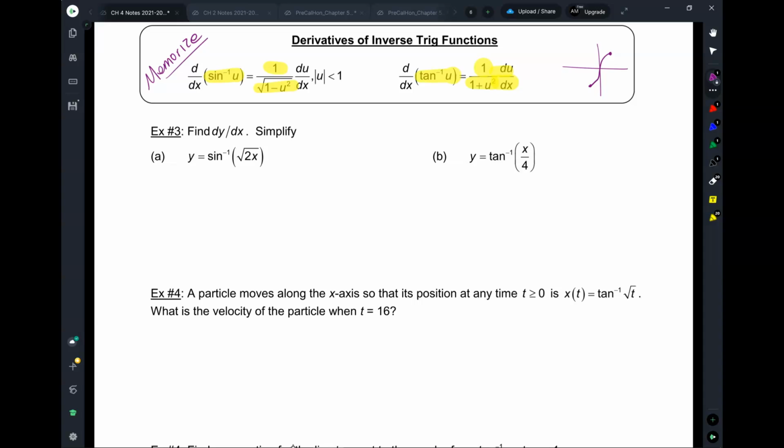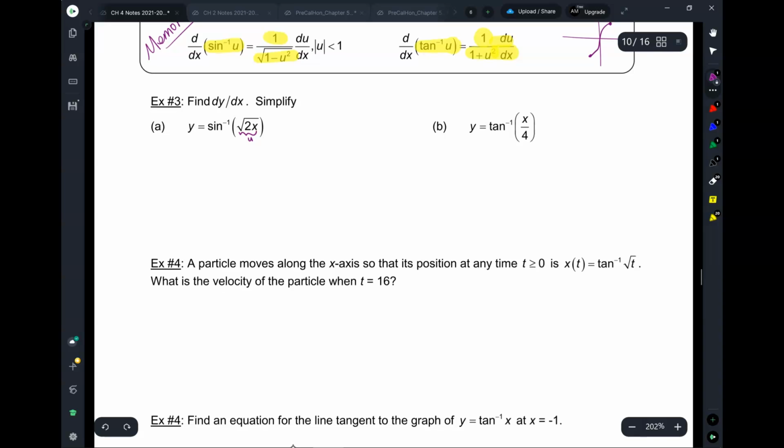Suppose you have inverse sine of root 2x. In here, this is the u, okay? So y prime is 1 over the square root of 1 minus u squared times the derivative of u.